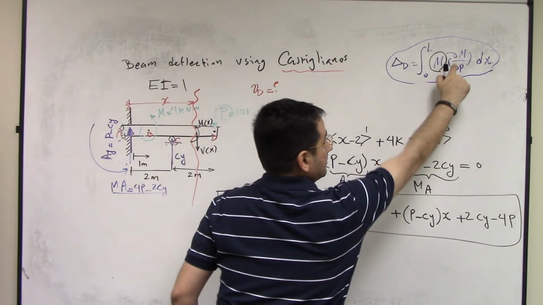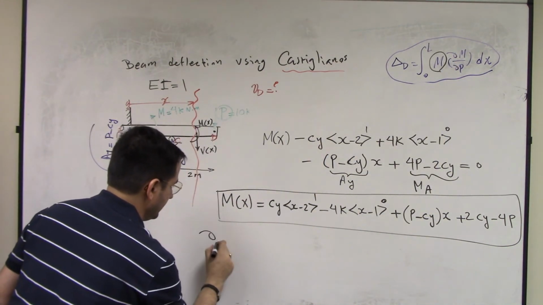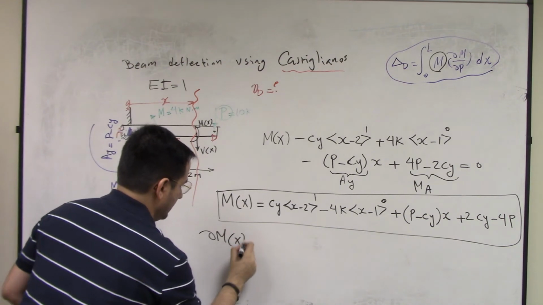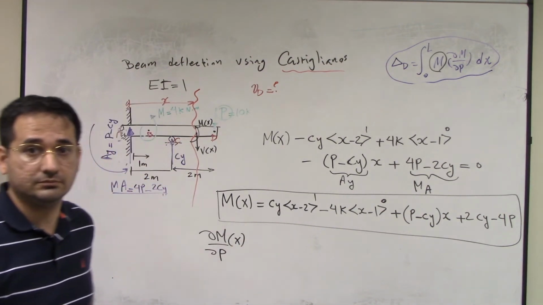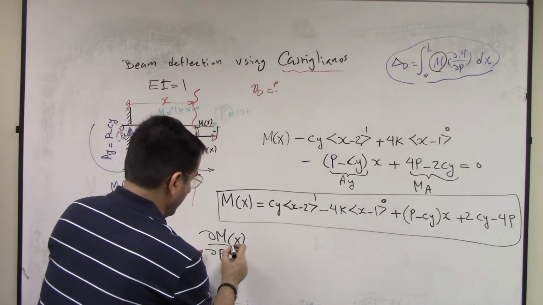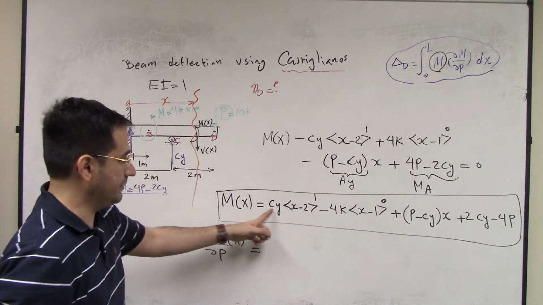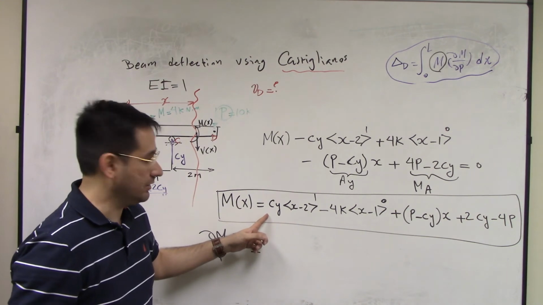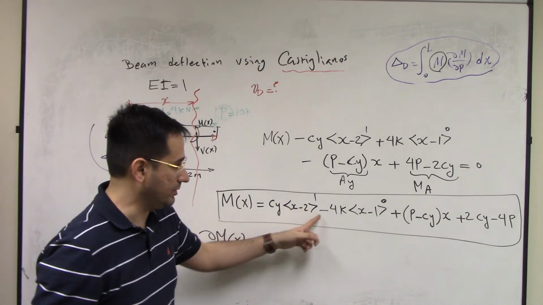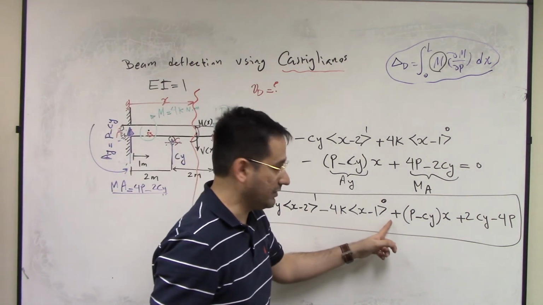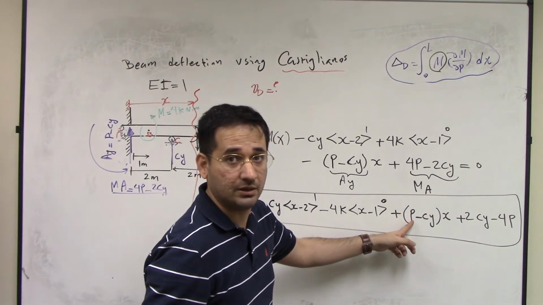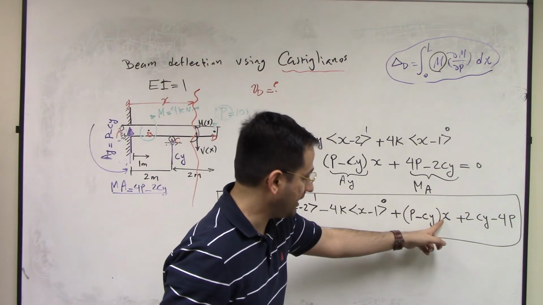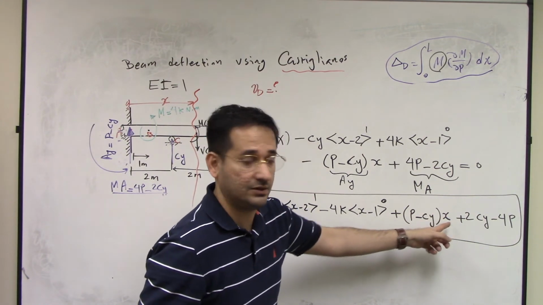Now how about this term? So you take the derivative of Mx with respect to P. That's what you do. So this becomes, do you have a P term here? No. So the derivative of this term is 0, plus the derivative of this term is 0. Right? Now what is the derivative of this term? So this is Px minus CYx. Right?